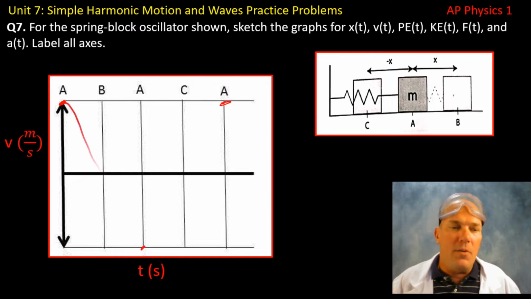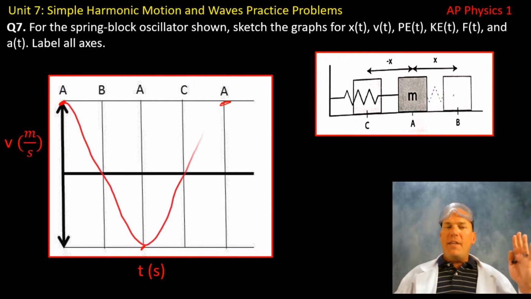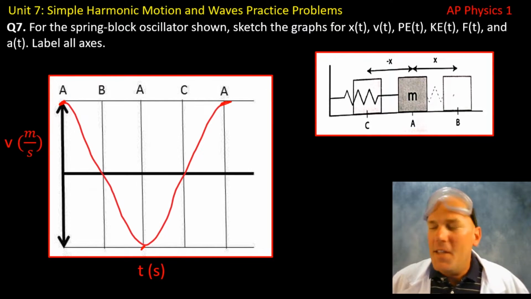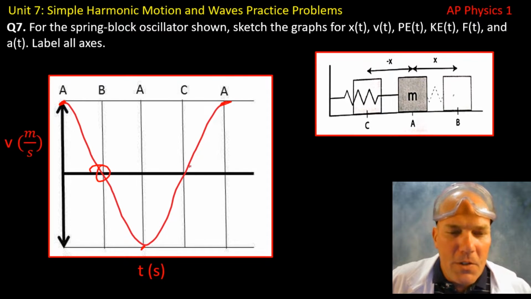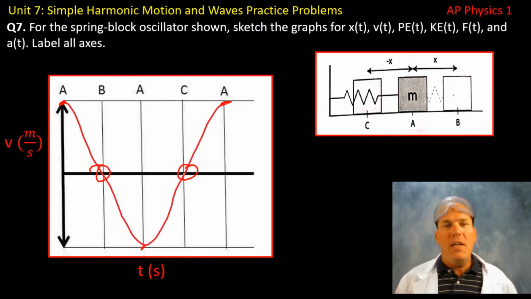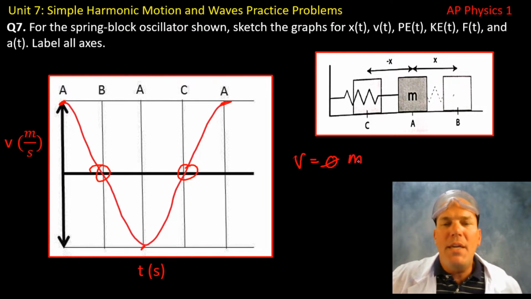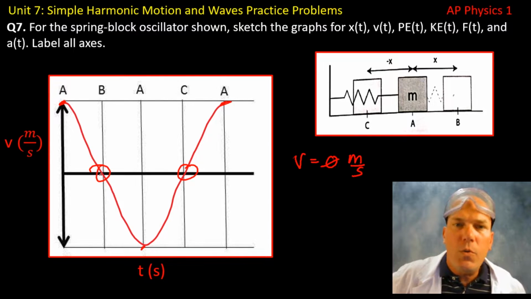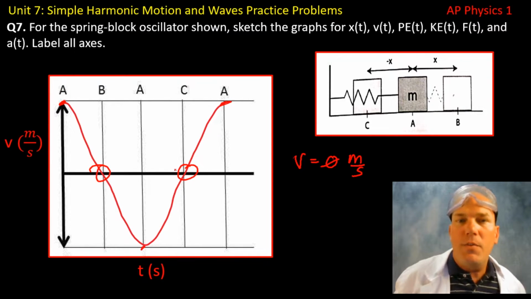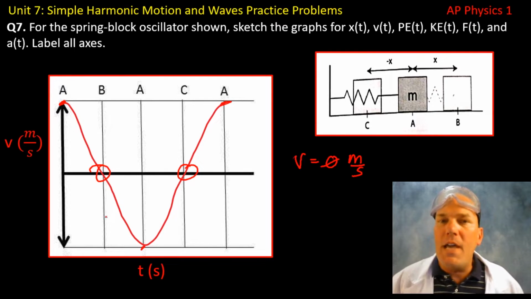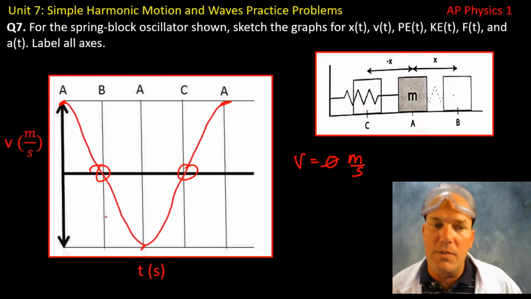If you look at this graph, you can see that when we cross the origin, what's happening at B and C? Just what I talked about. Velocity is equal to 0 at B and C.